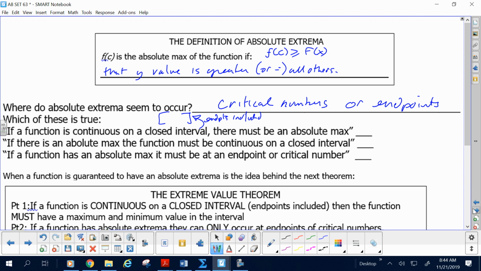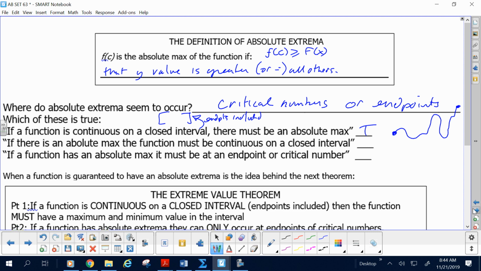So if you put a dot here and draw some kind of function, not some kind of crazy non-function, do something, whatever you want. But at some point, it's got to end, and you never can lift your pencil. Does that have to have a point higher than all others? It does. That is true.